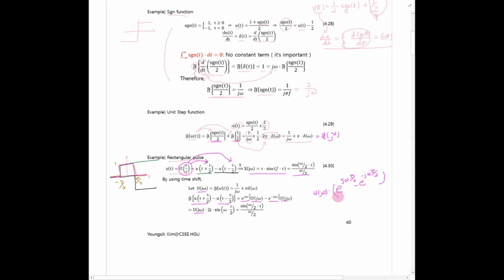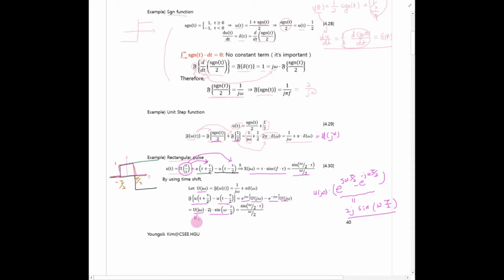So this part equals 2j times sine of omega tau over 2.